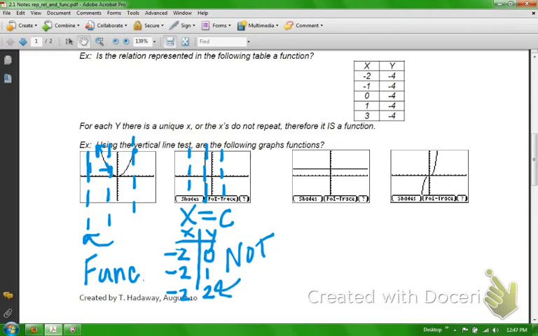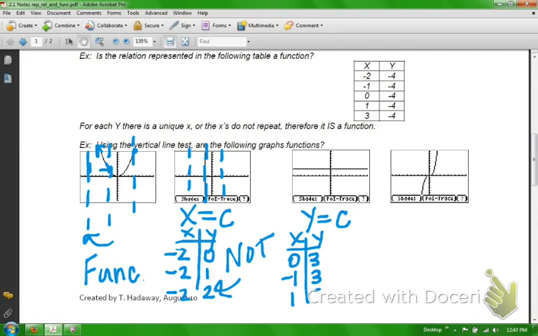The 2's repeat. On our third graph, it's another horizontal line, and as a quick refresher, this is in the form of y equals some number. So on a table, it's going to look like at x is 0, y is 3. At -1, y is 3.